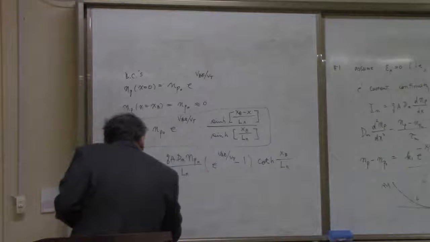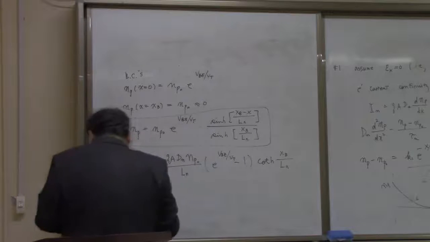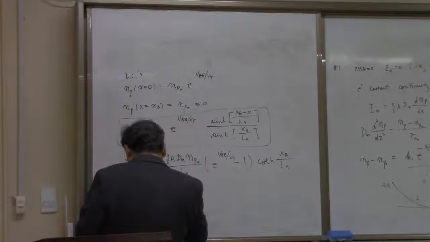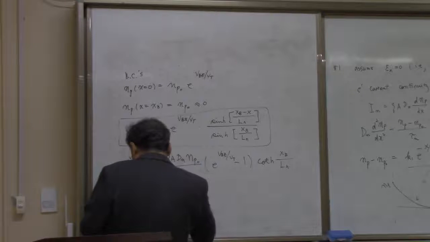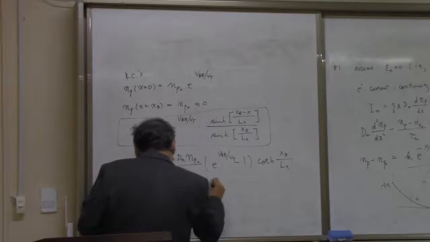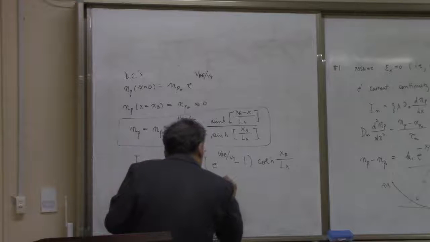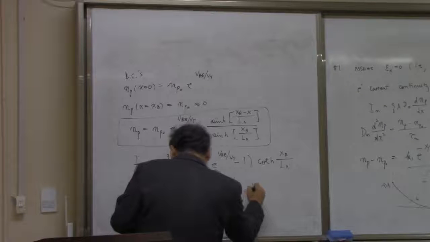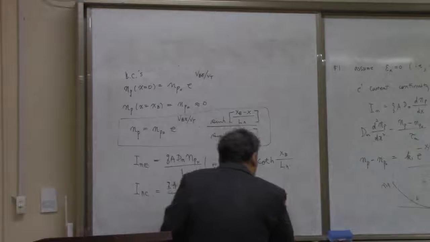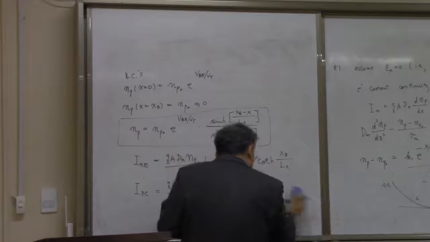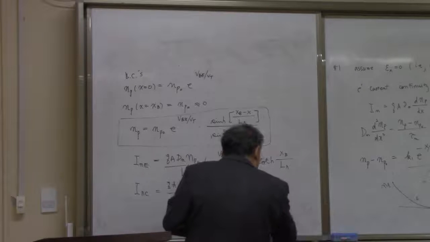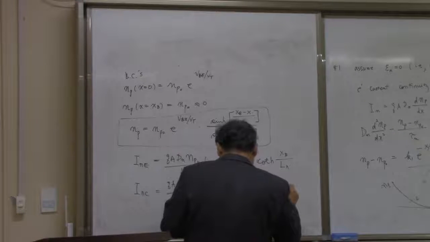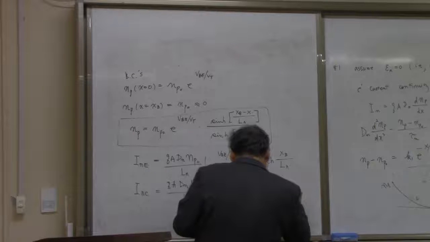And the collector current is going to be qA D_n n_p0 over L_n, the same, times (e to the V_BE over V_T minus 1) times cosecant hyperbolic of x_B over L_n.